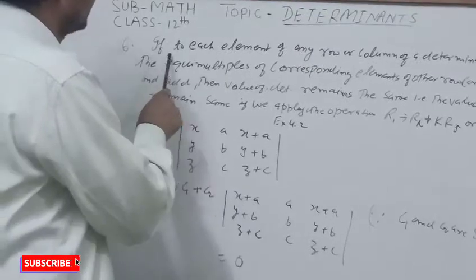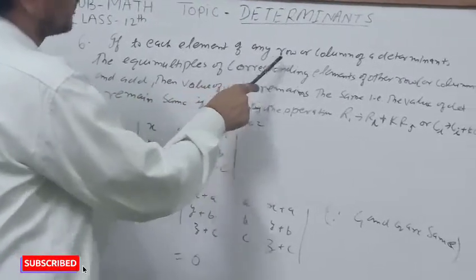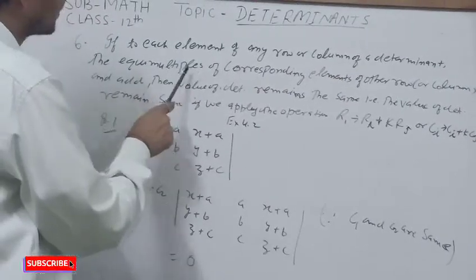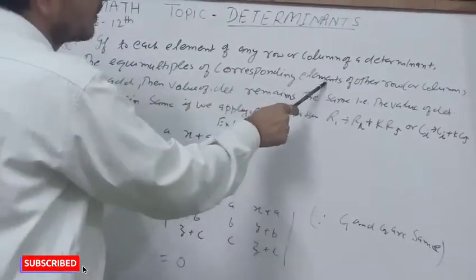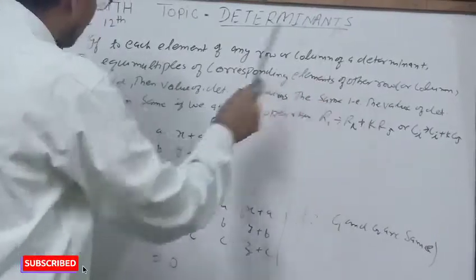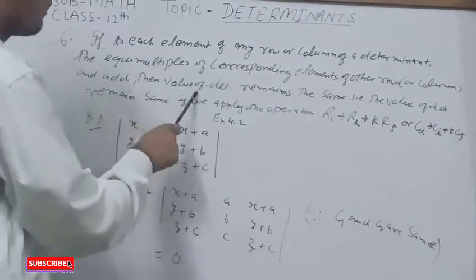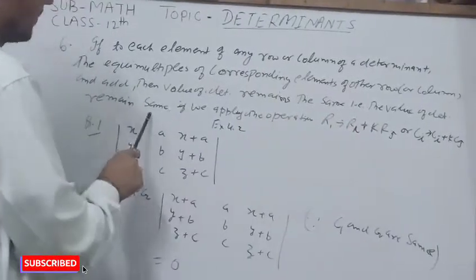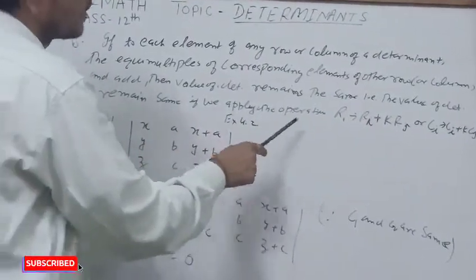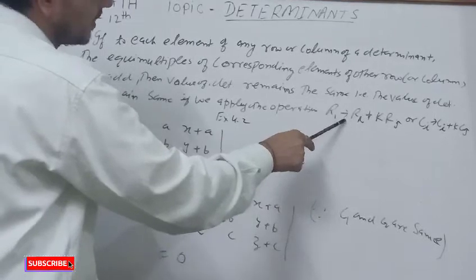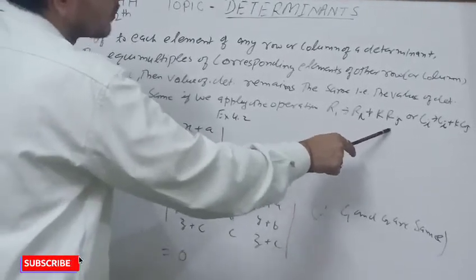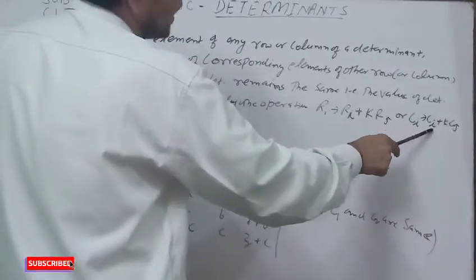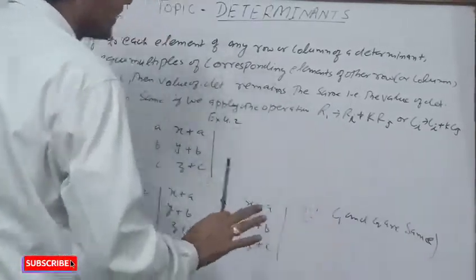Next, sixth property: if each element of any row or column of a determinant is multiplied by a constant and added to the corresponding elements of another row or column, then the value of the determinant remains the same. That is, the value of the determinant remains the same if we apply the operation Ri changes to Ri plus k times Rj, or Ci changes to Ci plus k times Cj. Is that clear?